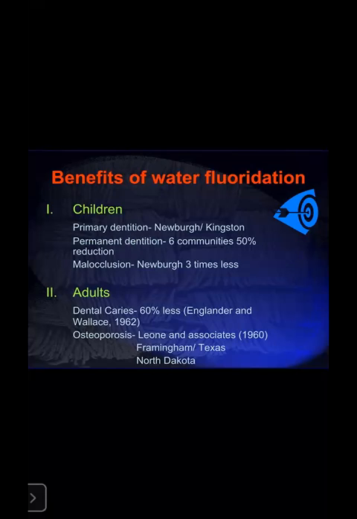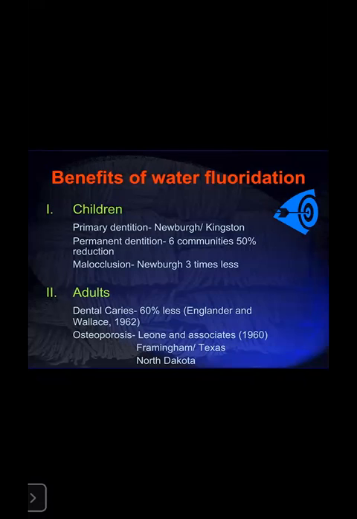And once the extraction is done, what will happen? The adjacent teeth will move into that place and it will lead to malocclusion, because sometimes space maintainers are not given, or space loss will occur because of class 2 caries also. Correct? So this will lead to malocclusion. Therefore, this automatically reduced malocclusion by 3 times. In adults also, dental caries was reduced by 60%.